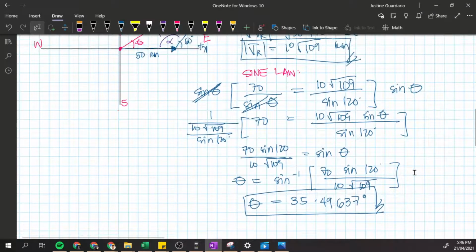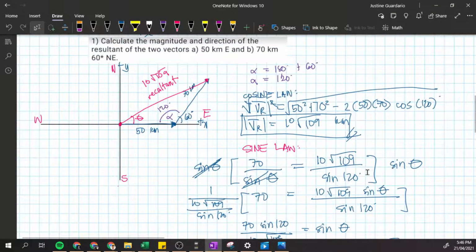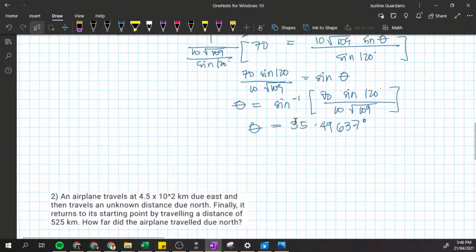Okay? Or pwede ko rin siyang isulat para mas clear sa atin, para mas malinaw. I can put here na 35.49637 degrees, pwede ko siyang isulat kung ano itsura ng aking naging resultant. So, etong resultant ko ay naging itsurang ganito.